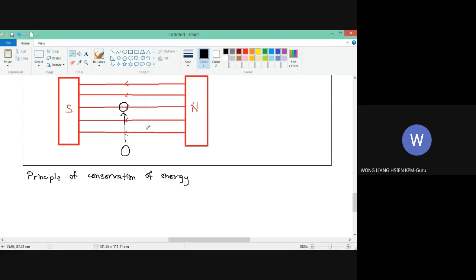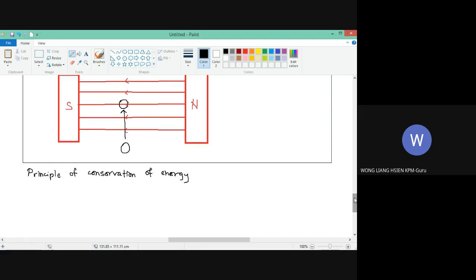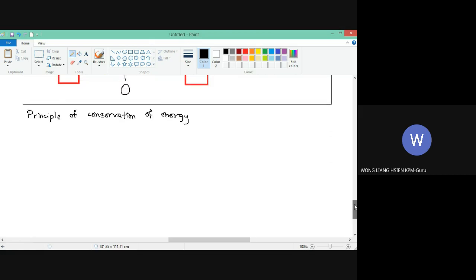Okay, why? You see, here we have these two, they are magnets, north south. These two are not magnets.